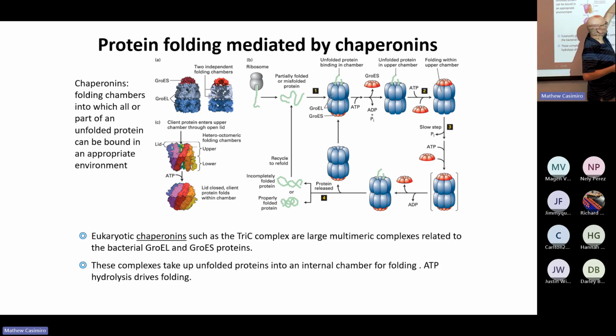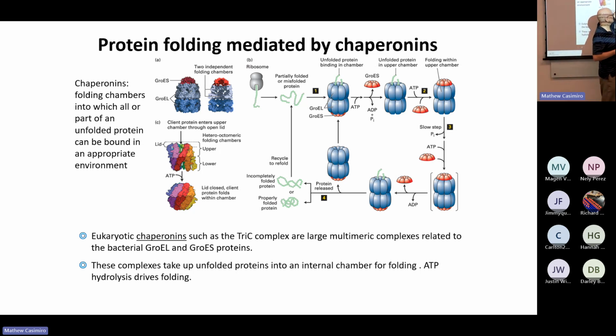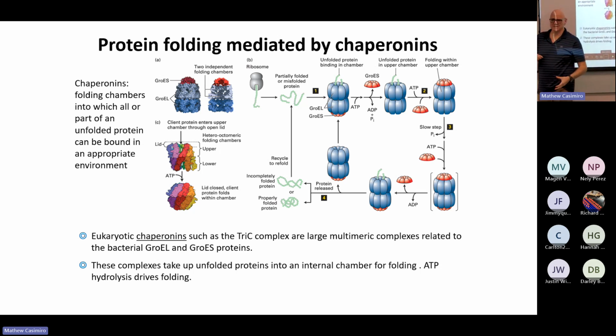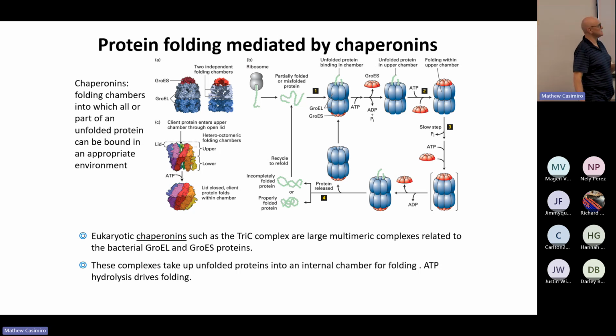Okay? Then ATP binding to the subunits, we count as 1, 2, 3, 4, 5, 6, 7. Each of these 7 subunits binds a molecule of ATP. The hydrolysis is coordinated so that they hydrolyze and then turn on the inside. Okay?